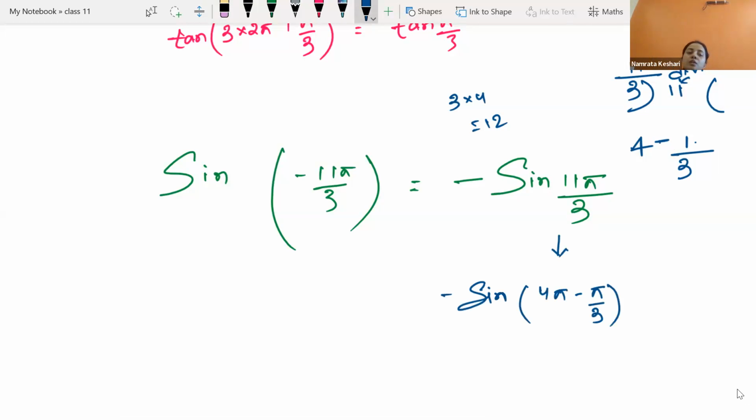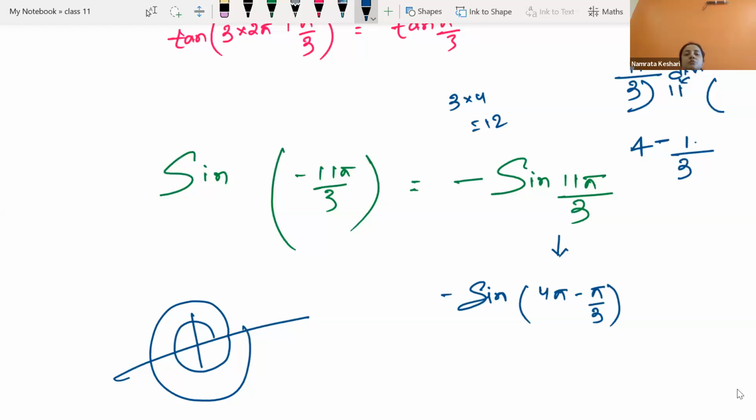Now 4 pi you can understand. If I am drawing the quadrants, 1 complete revolution, 2 complete revolution. 4 pi done. Okay, minus pi by 3. Minus means, okay, we will be in the fourth quadrant, right? Yes, ma'am. In fourth quadrant, cos is positive, but sine is negative. This sine will generate negative output.